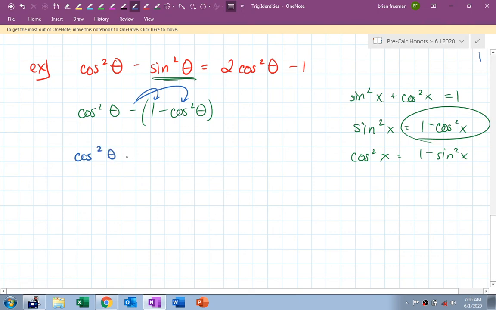So cosine squared theta minus 1 plus cosine squared theta. I'm going to add those two. Hey, never mind, I'm done. That's it. We got what we needed. And we would be finished.